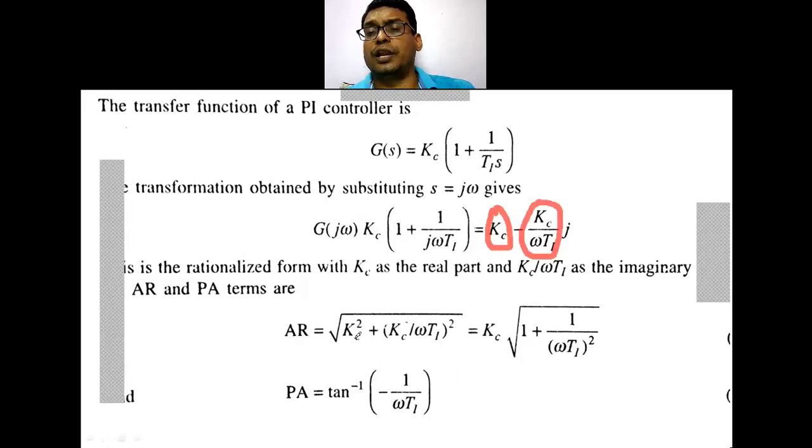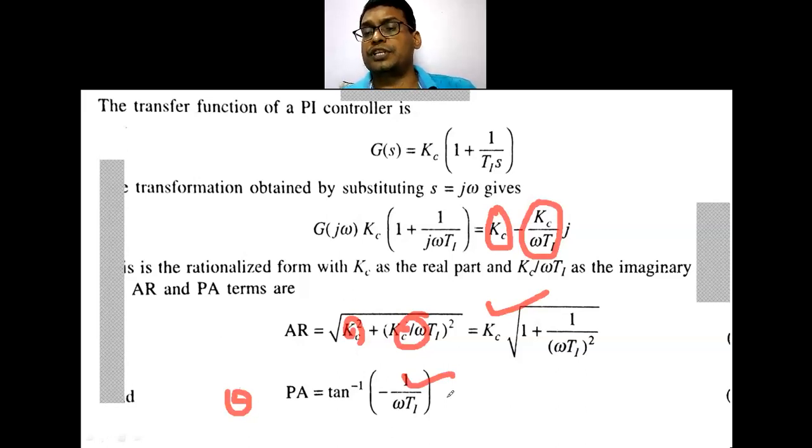So real part square plus imaginary part square, you will simplify into this. And similarly, the phase angle theta is equal to tan inverse of the imaginary part upon the real part, which simplifies to minus 1 upon omega tau I.